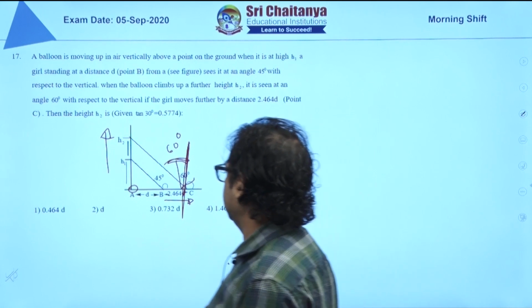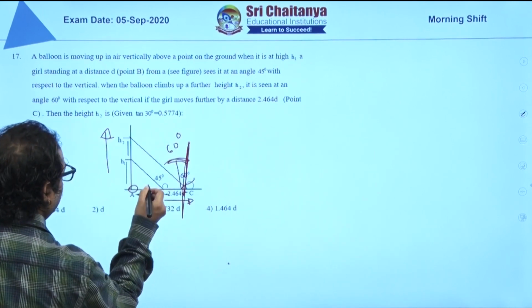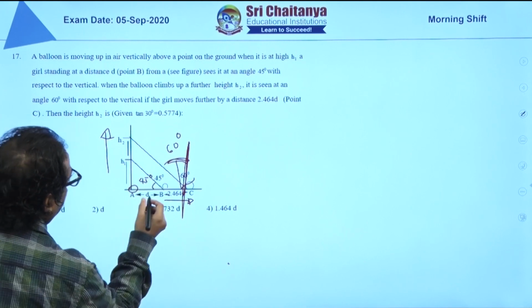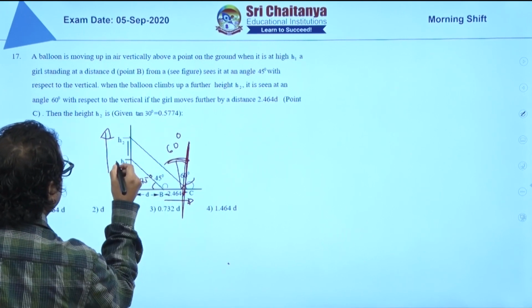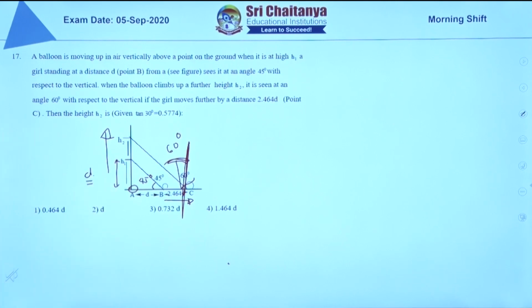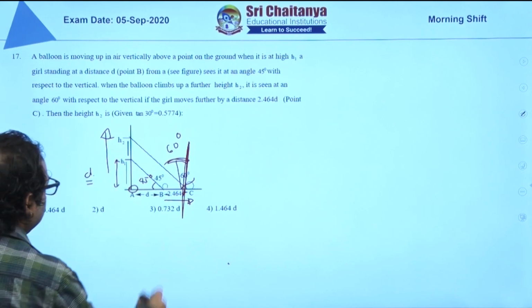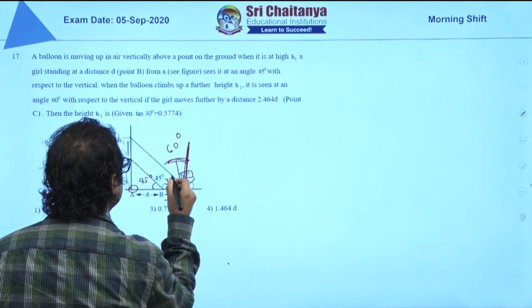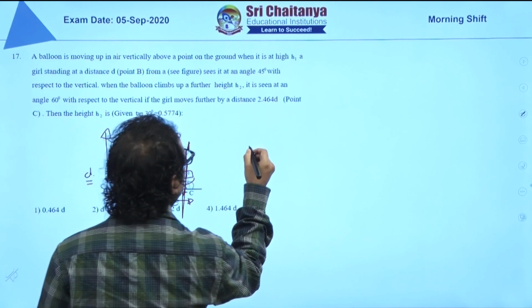So, it is simple. As it is 45, you can say this is also 45, and if this is d, this h1 is also d only, that we can understand. So, if this is your 60 degrees, this one will be 30 degrees. So, what is the value of tan 30?